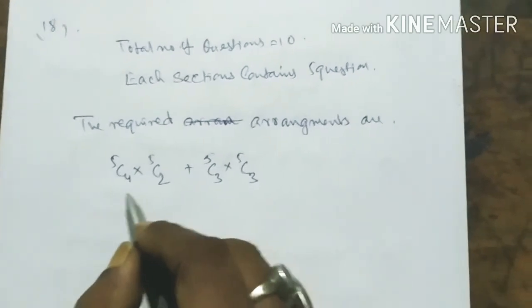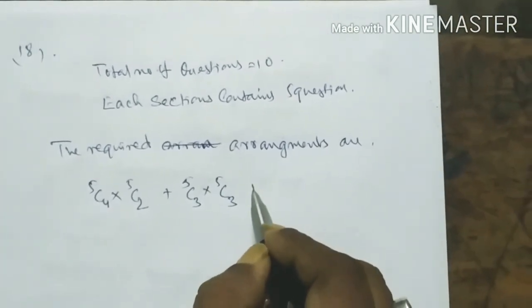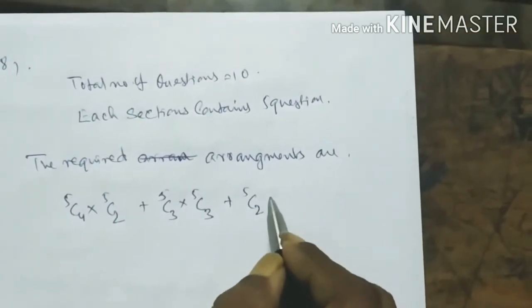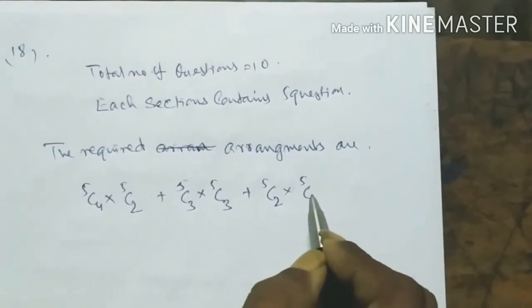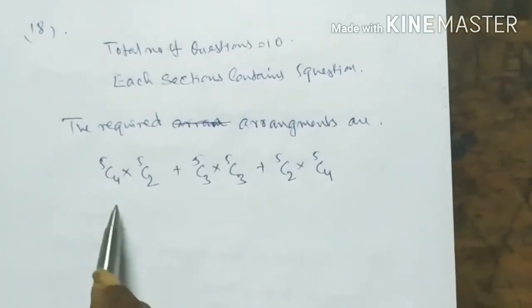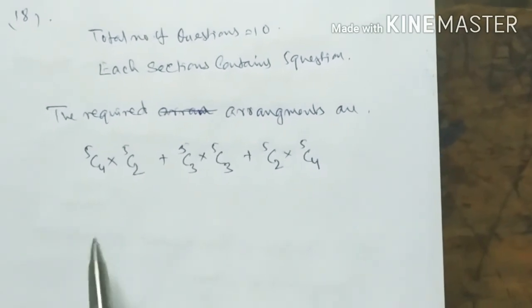If I select 2 questions from the first section, then I have to select 4 questions from the second section, because from each section I can select not more than 4 questions.